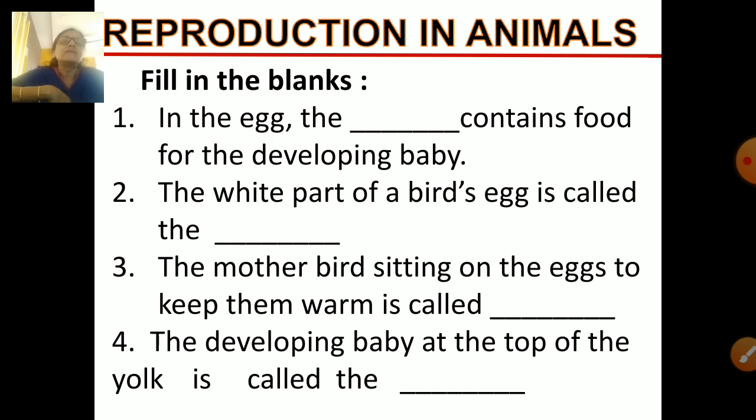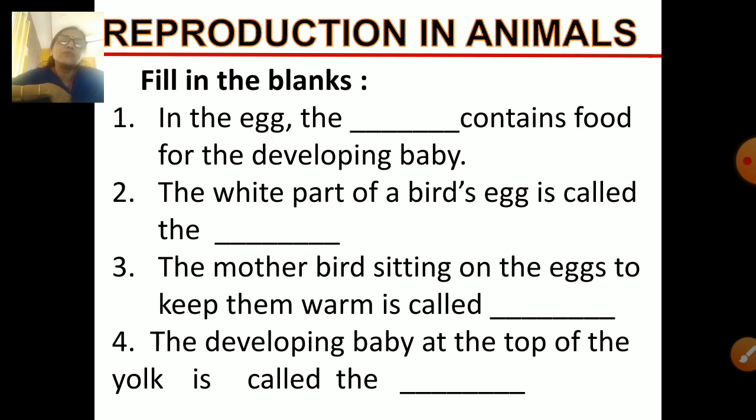In the egg, the dash contains food for the developing baby. Just now we did the structure of a bird's egg, and I explained what portion is yolk and what it does. So here yolk is the answer because it contains the food for the developing baby.